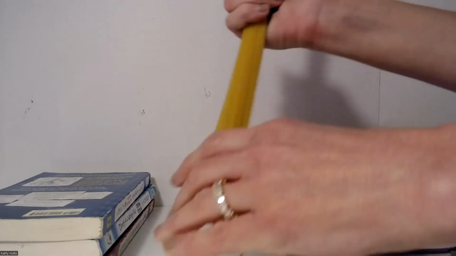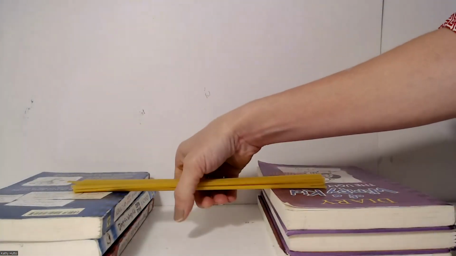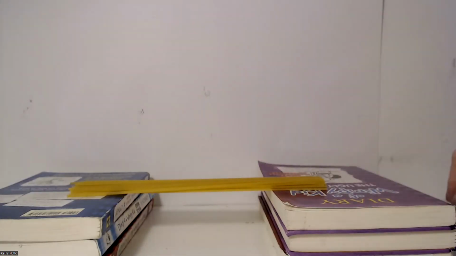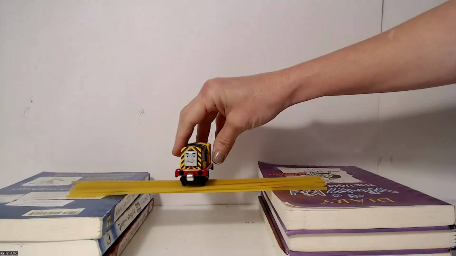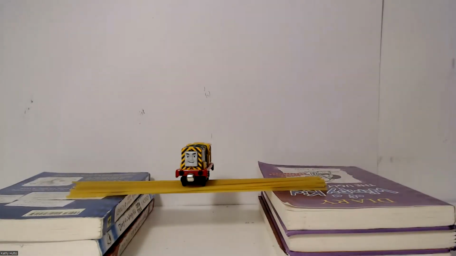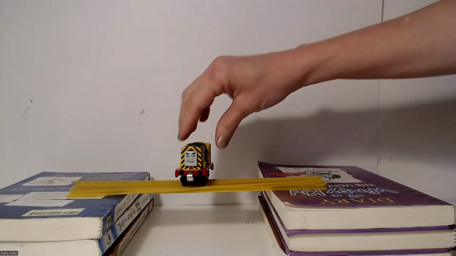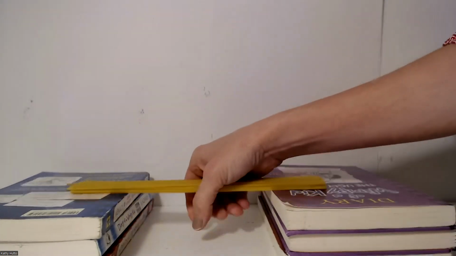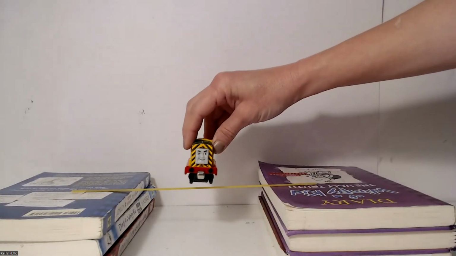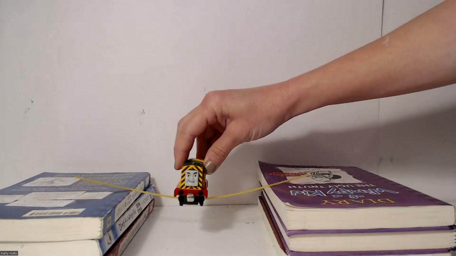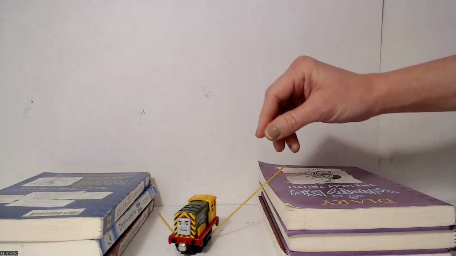Okay, so this time I have lots of spaghetti noodles. I'm going to put those across the books to make a bridge. And ta-da! Look, now our bridge is strong. So why is that? Well, let's take a look back at just one noodle, and let's see what happens when I put my train on it. Watch the noodle. Oh, the noodle starts to bend and then it breaks.